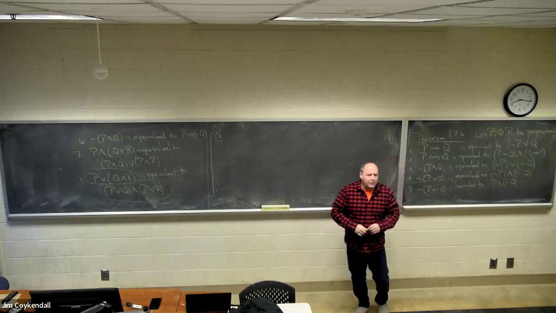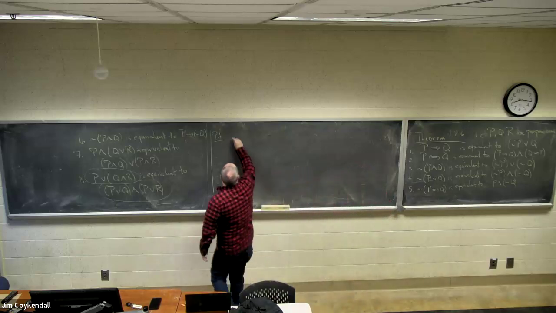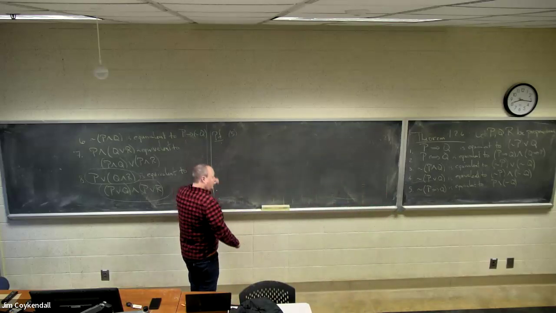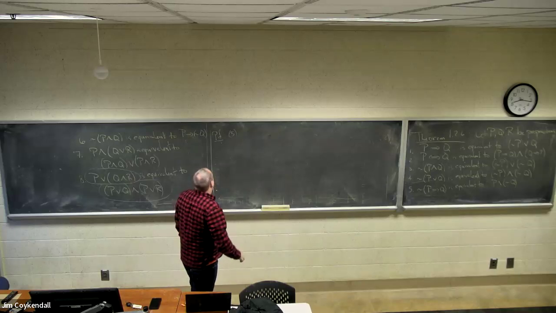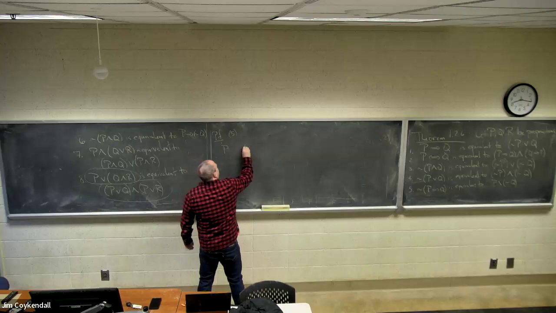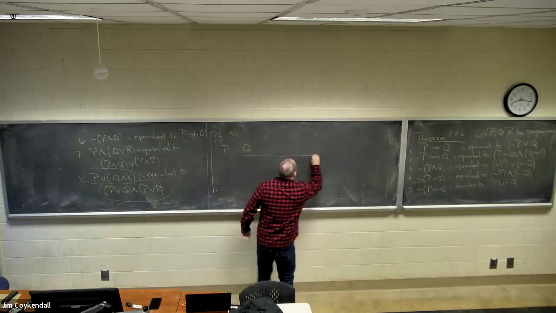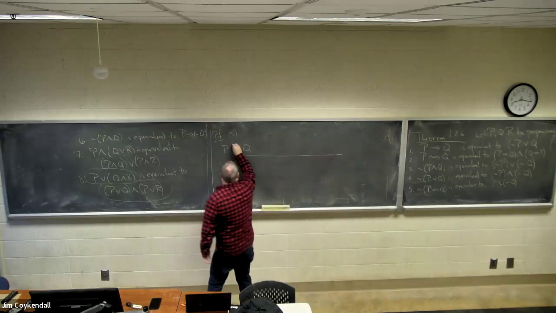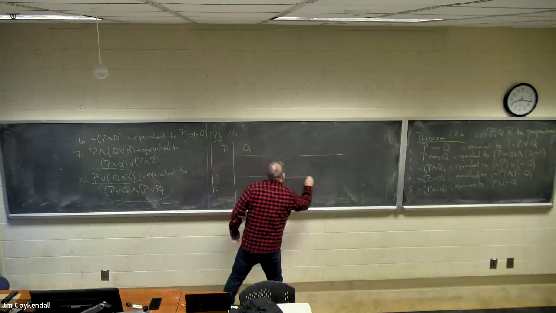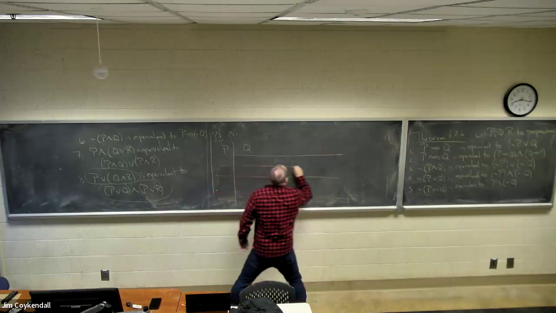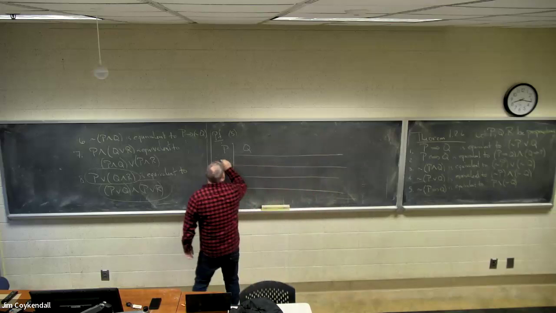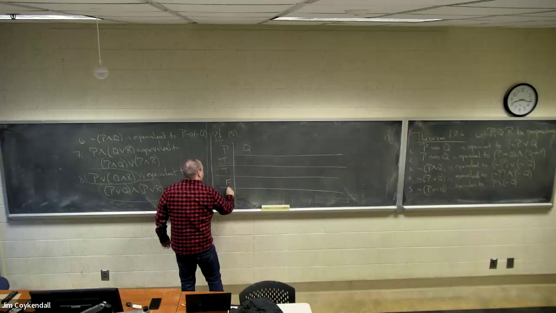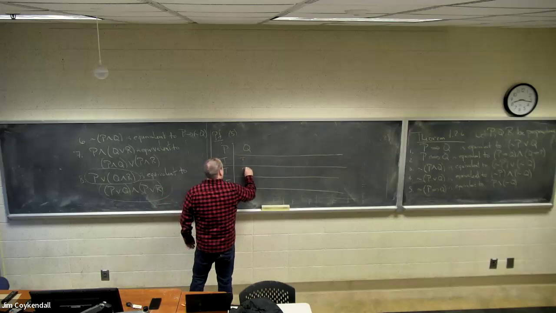So I only need 4 rows, so that's a little bit easier. Let's look at proof 5. Our players here are P and Q. True, true, false, false, true, false, true, false.